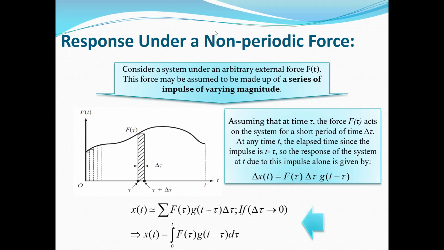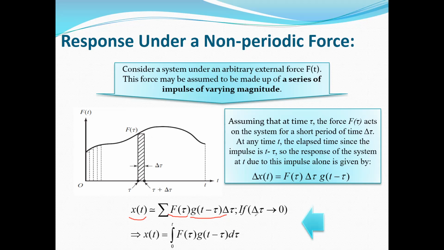So we can write that x(t), the total response of the system to this general force F(t), is equal to the summation of F(tau), which is the magnitude at t is equal to tau, times g(t minus tau), which is the response of the system at t is equal to tau to the impulse g(t), and multiply by delta t.